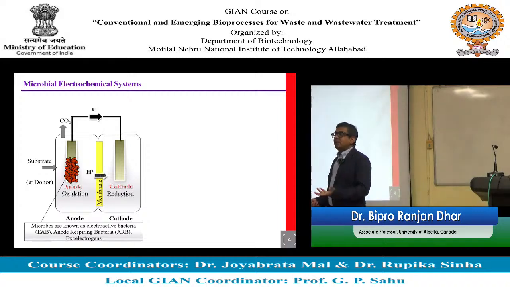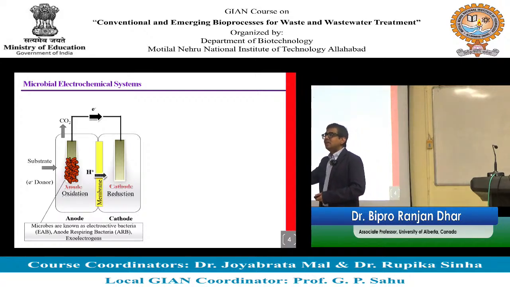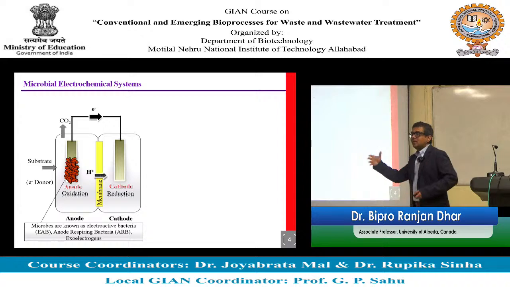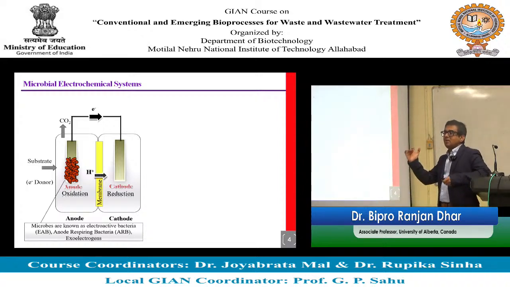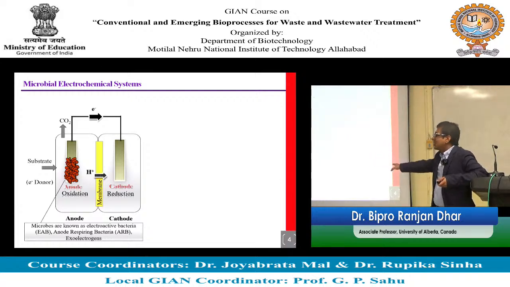Why exoelectrogen? You remember the name methanogen from anaerobic digestion, right? Microbiologists like to name microbes with something like "gen." Those microbes can do extracellular electron transfer, so that's why researchers name them exoelectrogen.